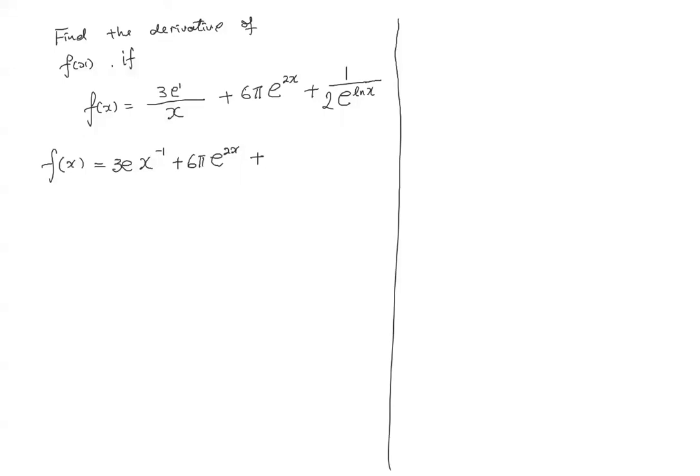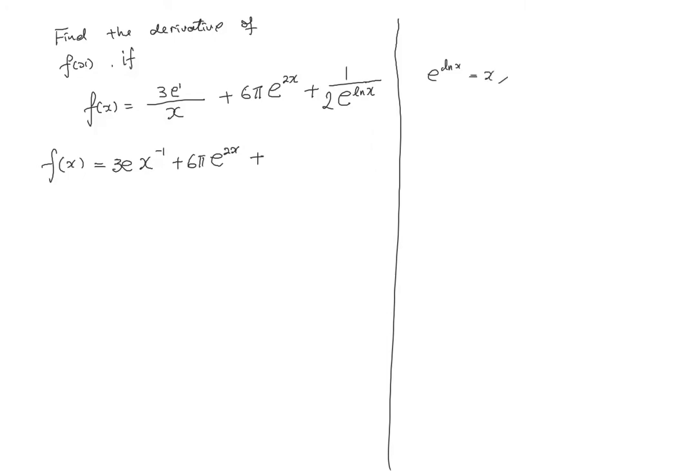Bring up the x. Or should I do something with the e to the power of ln x first? So how can I simplify e to the power of ln x? It's x. So you have to remember that.